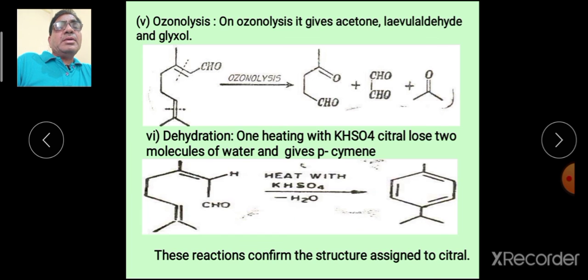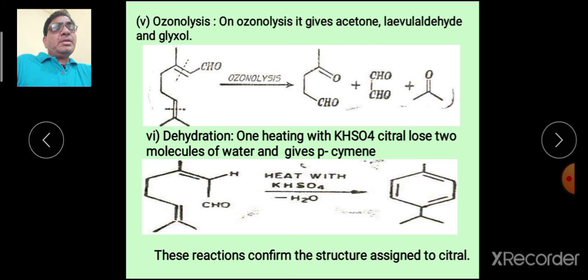Then the ozonolysis reaction we have seen in detail. And finally, heating with potassium bisulfate gives a p-cymene-like structure. Thus these reactions confirm the structure of citral which is obtained from synthesis.